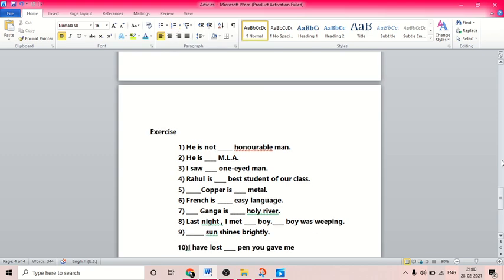Ninth one, dash sun shines brightly. Here we are talking about the sun, that's why we use the sun shines brightly. Last one, I have lost dash pen you gave me. Here we are talking about a particular pen, that's why we use the. Thanks.